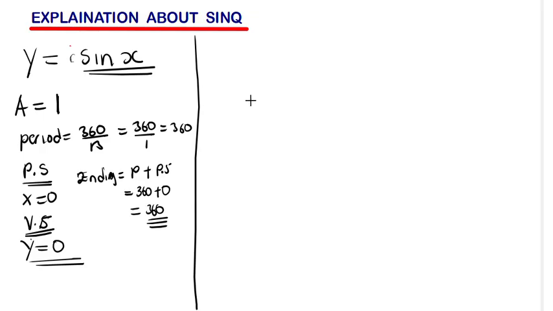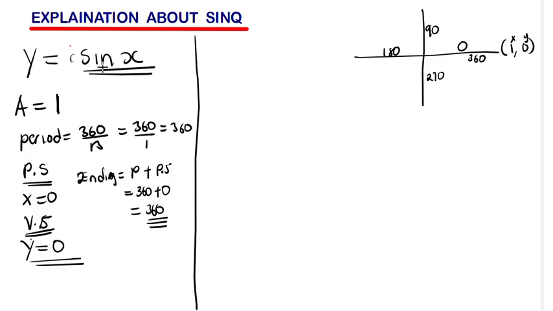Now, remember that Cartesian plane. It is very important, guys. This plane will help you come up with a lot of things. This is 1, 0, and remember, this is x, y. Here we're dealing with sine, meaning that we'll just be dealing with the y-axis.